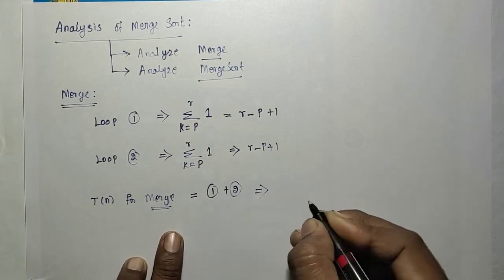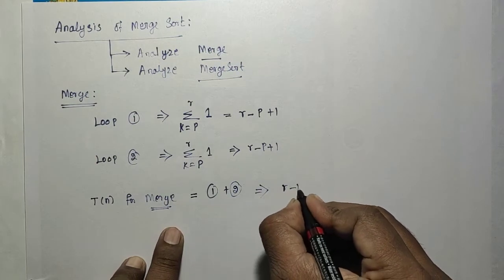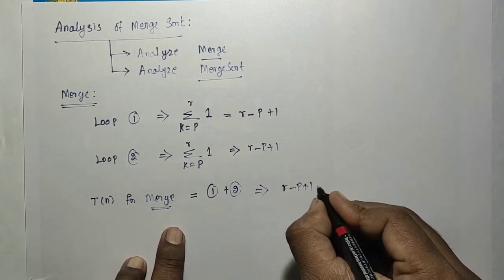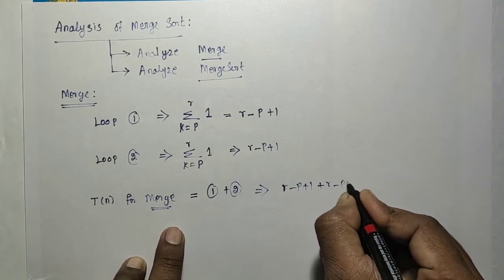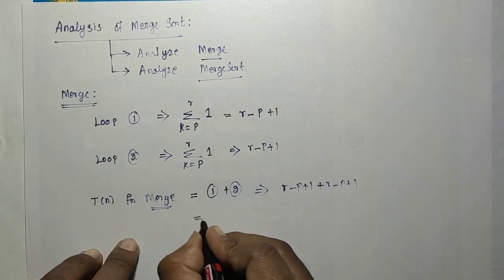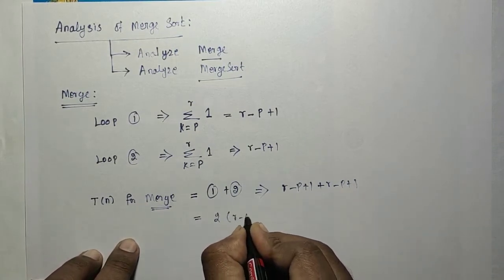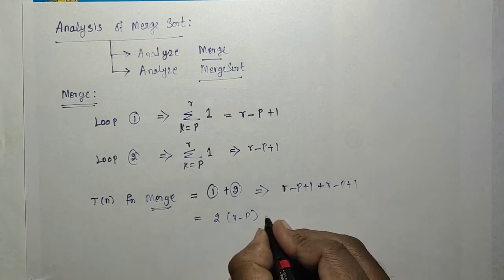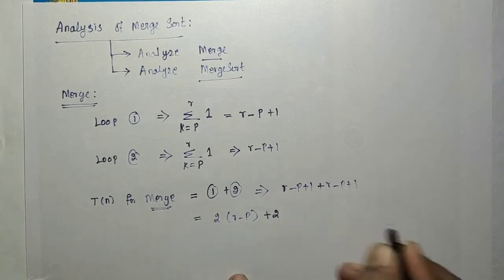So we can write (r minus p plus 1) plus (r minus p plus 1), so that we can write 2 into (r minus p), and plus 2, like this.